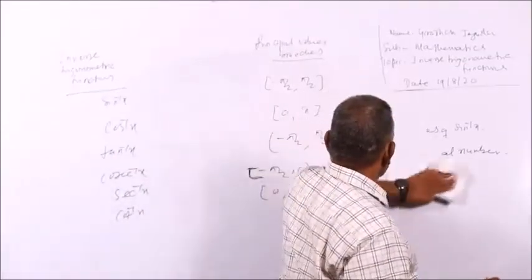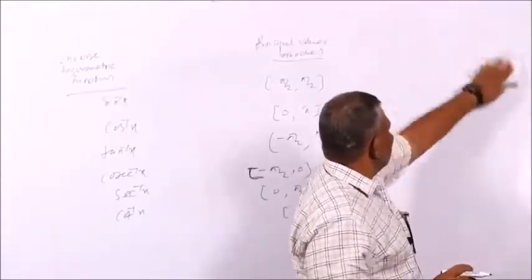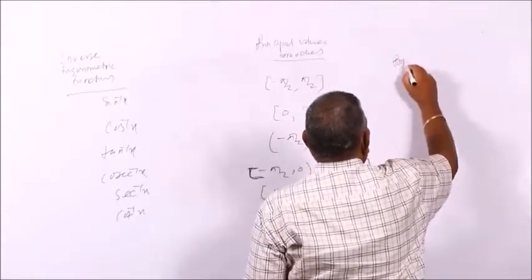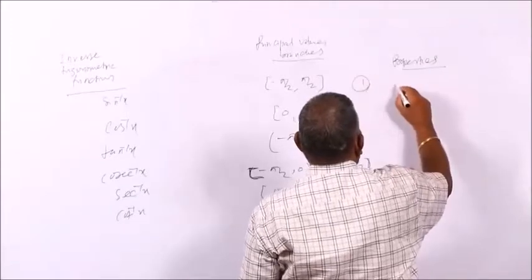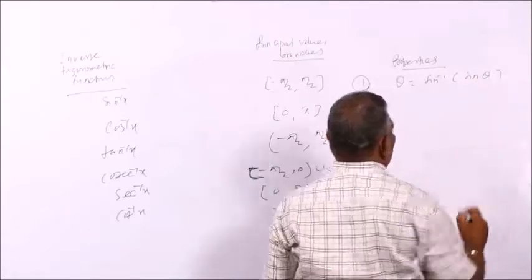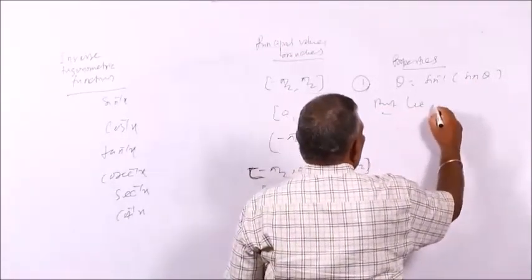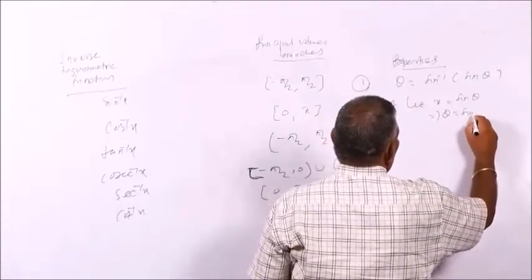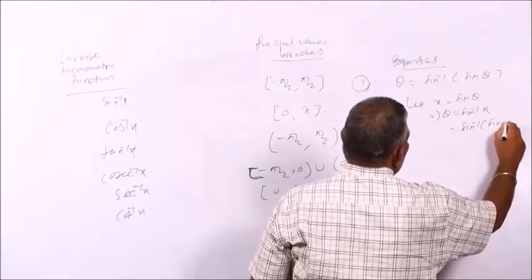Then we will go to properties of these inverse trigonometric functions. Number 1, theta equals sin inverse sin theta. Proof. Let x equals sin theta. That implies theta equals sin inverse x. We can replace x again by sin theta.